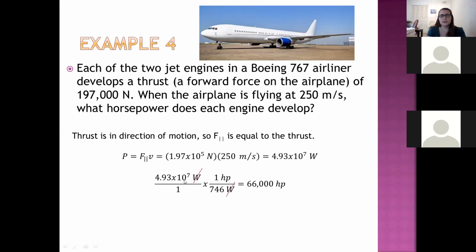On the previous slide, I told you that 1 horsepower equals 746 watts. So we put 746 watts on the bottom so that watts on top cancels watts on bottom, and we're left with the unit that we want, which is horsepower. We take this top number divided by the bottom number, and that gives us our answer of 66,000 horsepower. Pretty significant.